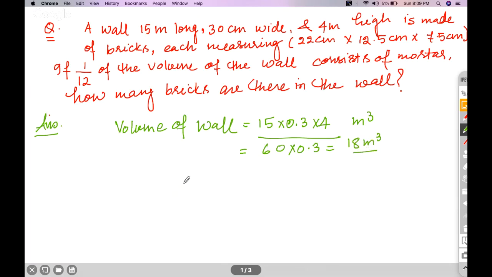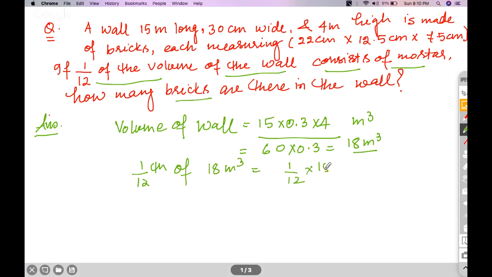This is the volume of wall. Now 1/12 of the volume of the wall consists of mortar. It means that not every part of the wall is brick. Some portion has been taken by mortar also, and the rest is brick. So 1/12 of 18 meter cube is 1 by 12 into 18, which comes out to be 1.5 meter cube.